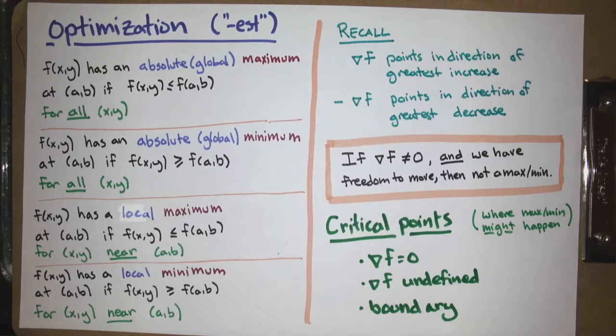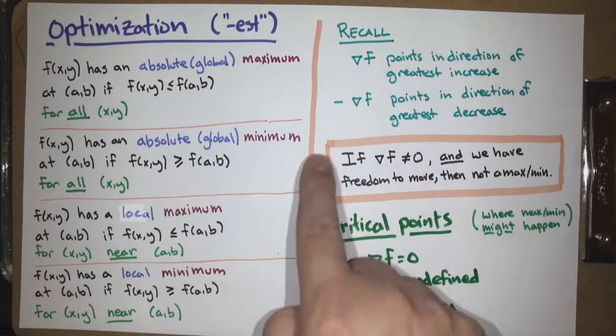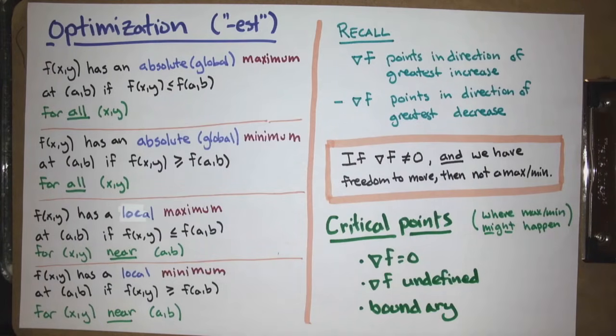Now, I'm not going to have to move very far, but that's okay. All I need to say is, if the gradient isn't 0, and I have the ability to move, I can go up and I can go down. So I am not at a max or min. So that rules out very quickly a lot of points. And so it says, okay, where do we put our focus?